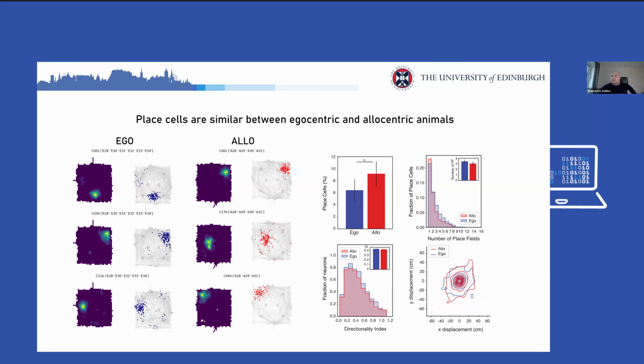And this is probably the reason why the number of cells being classified as place cells is lower, because, as Tommaso was briefly saying, we define place cells by means of mutual information between the neural vector and the position vector of the animal in the arena.